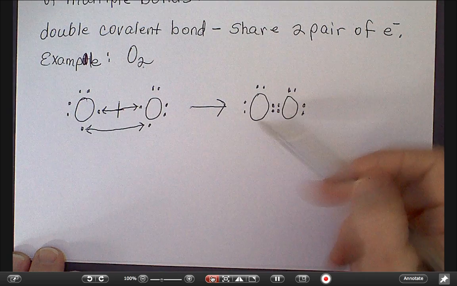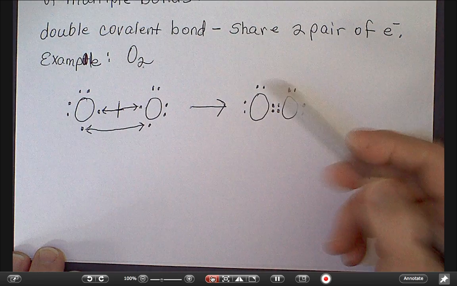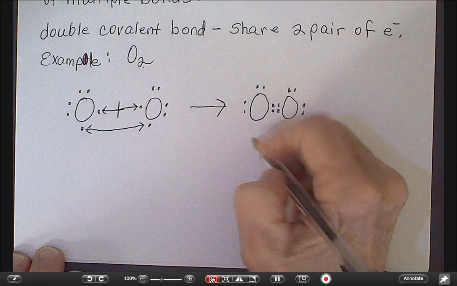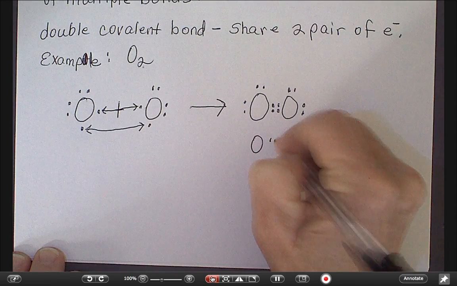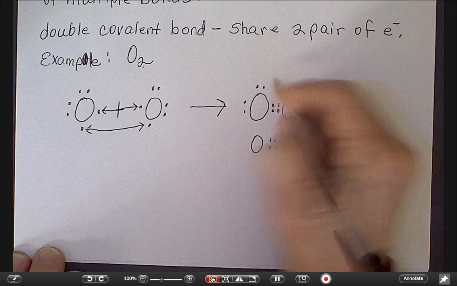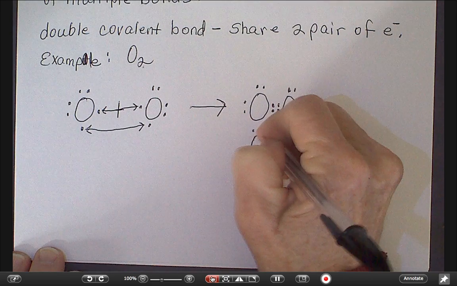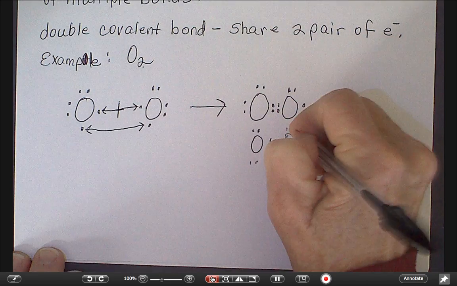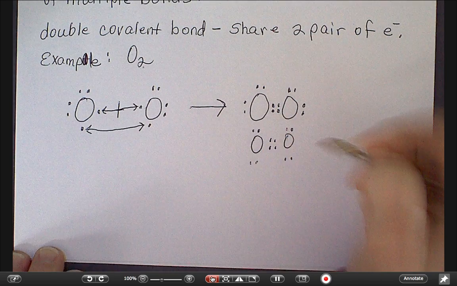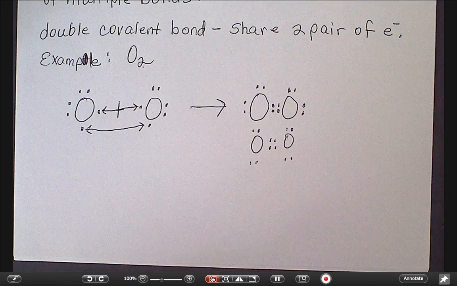And there's multiple ways to draw this. It could also look like this. Your double bond in the middle, and you can have top and bottom. It doesn't really matter. Works the same way.